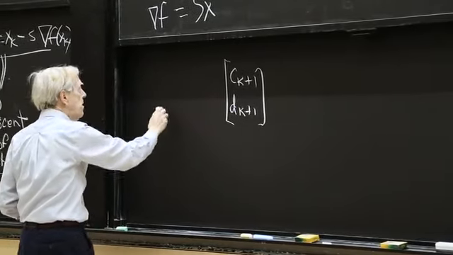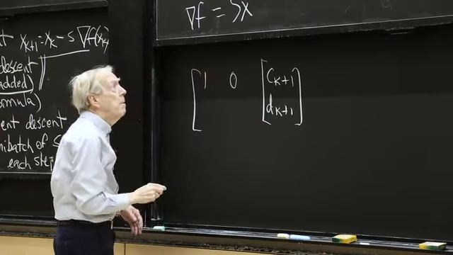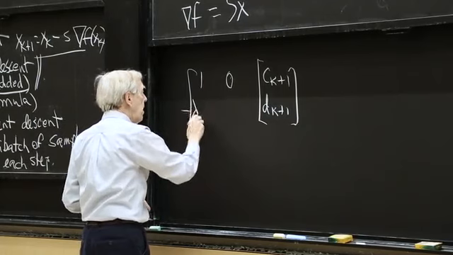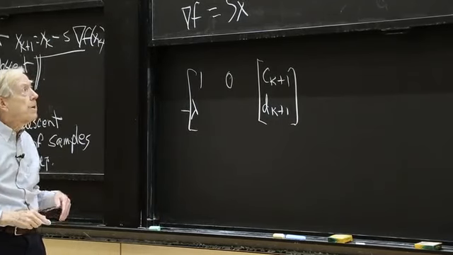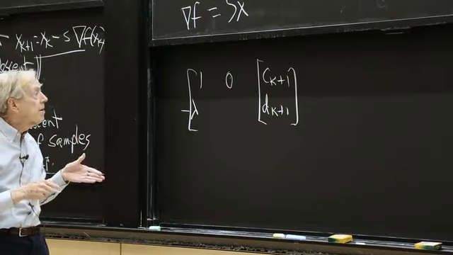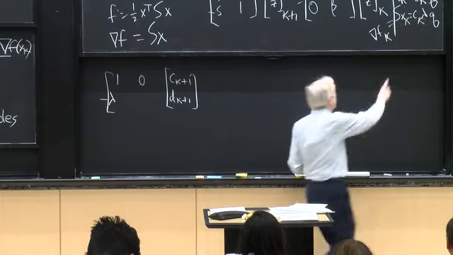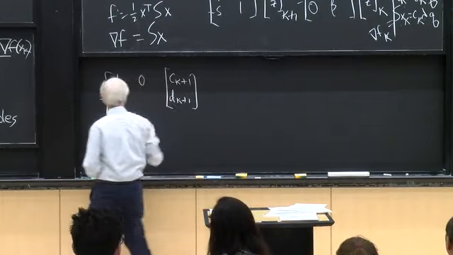Then what I really meant to have there is 1, 0, and the minus s is a minus lambda. Is that right? Yeah, when I multiply the eigenvector by s, I'm just getting lambda times the ck. That's good.